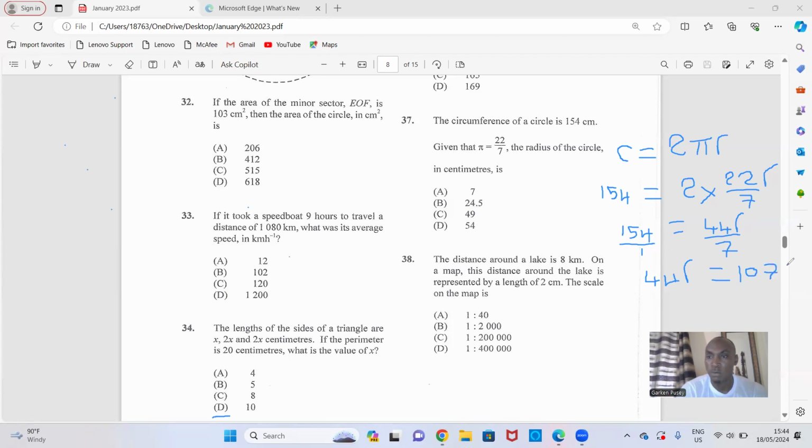I showed you how to multiply these things. Then you divide both sides by 44.